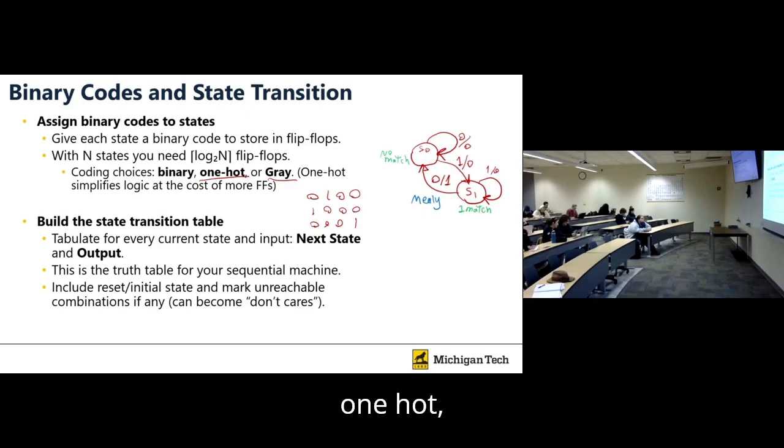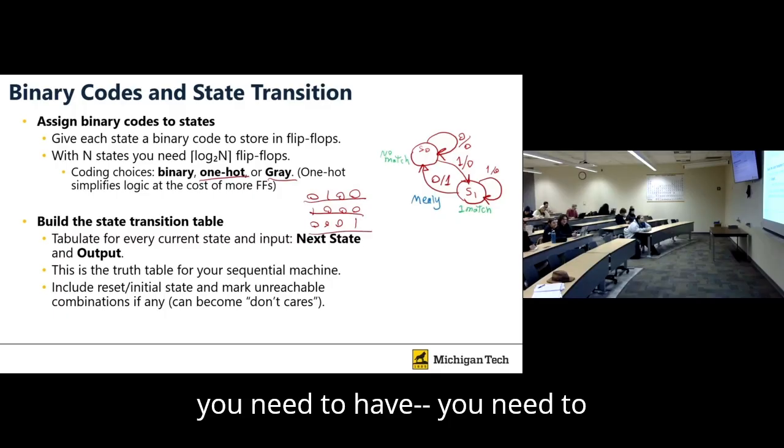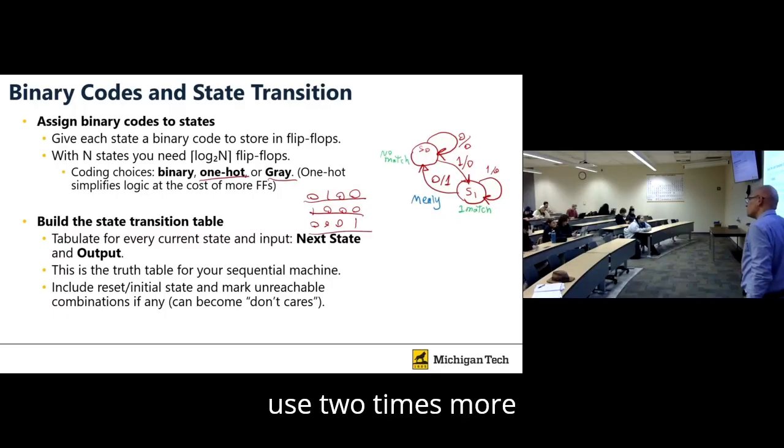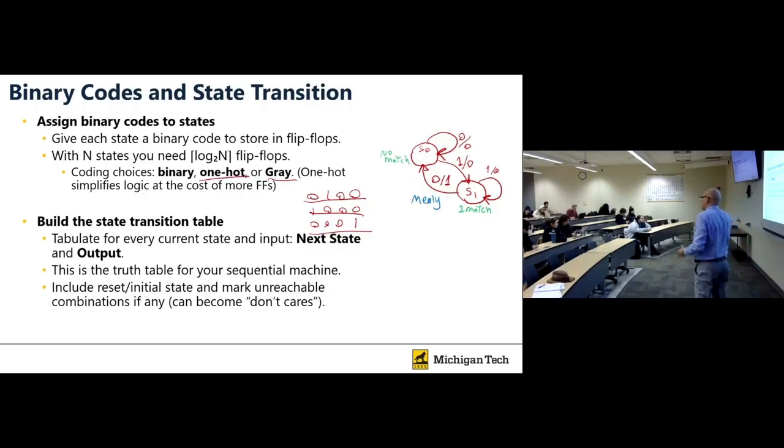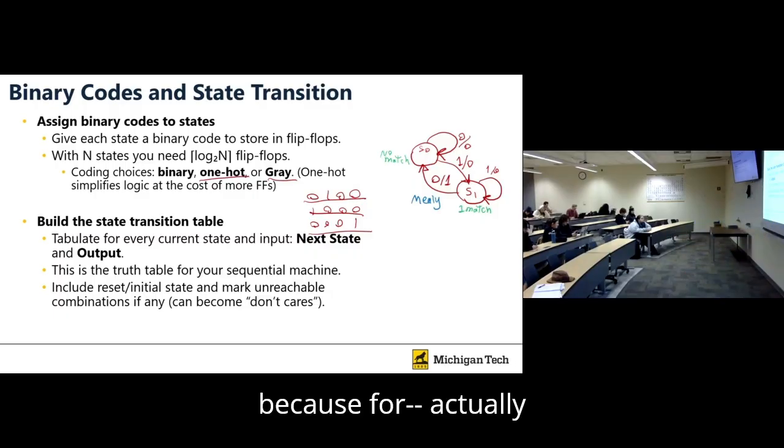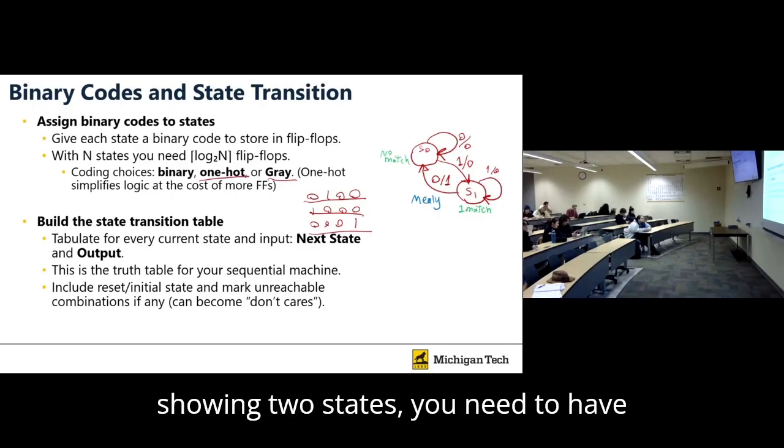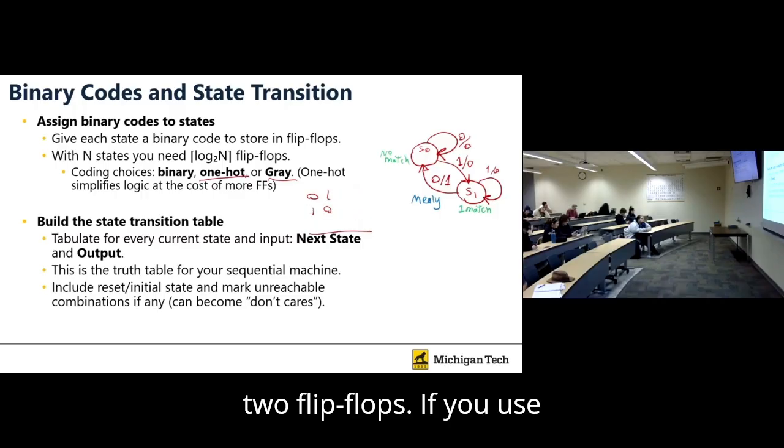If you use one hot, you need to use 2 times more flip-flops, because for showing 2 states, you need 2 flip-flops.